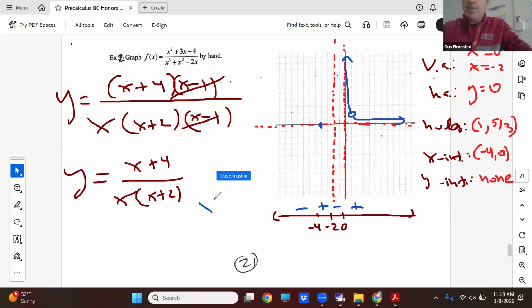I am gonna make a little table because I feel a little uncomfortable not doing a table. If I plug in -1, what do you get? Yeah, -3. And it should be like this.